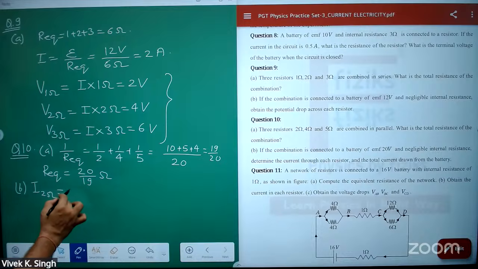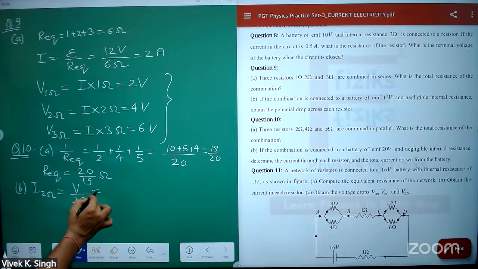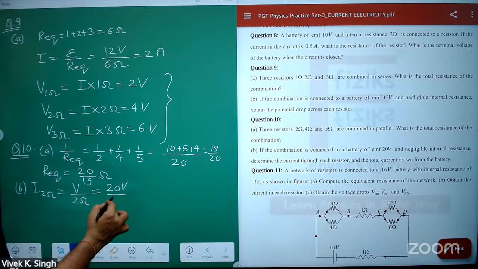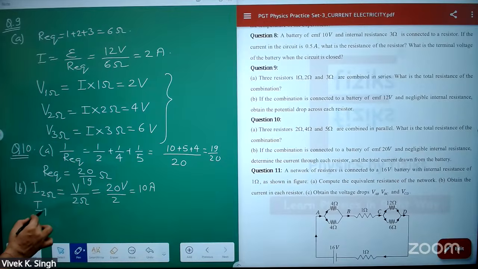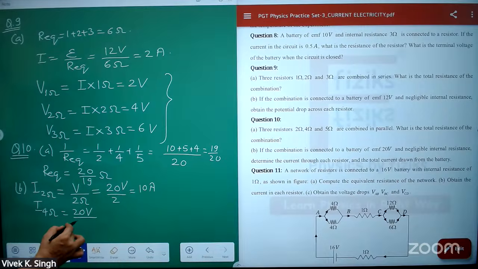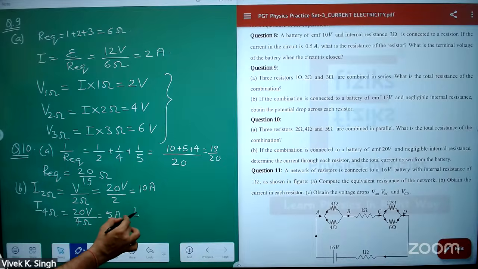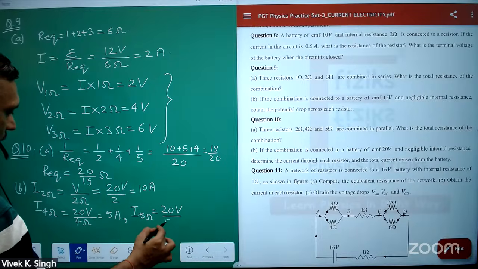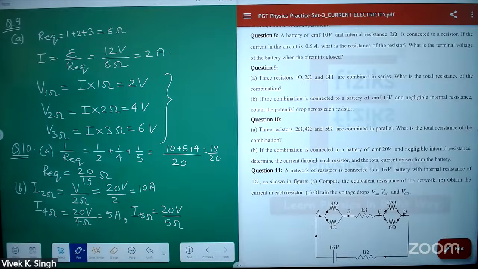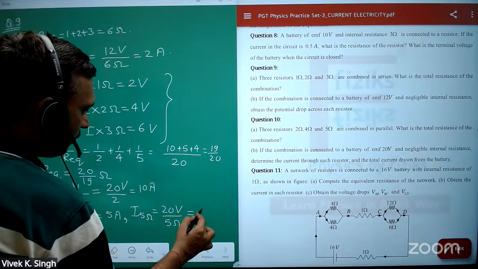Because voltage will be same, voltage by 2 ohm, 20 volt by 2 ohm. This is 10 ampere. What will be current through 4 ohm? Because in parallel voltages will be same, 20 volt by 4 ohm. So this is 5 ampere. And what is current through 5 ohm? 20 volt by 5 ohm, and this will be 4 ampere.